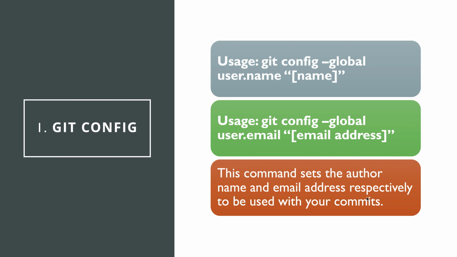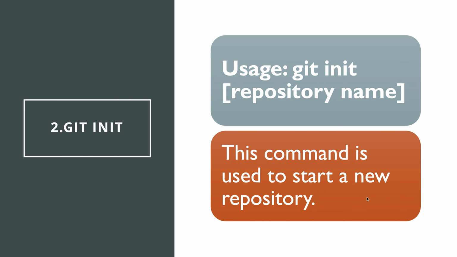So you will need to set up that git configuration first. For that we will use git config with the global user name and git config global user email id. This is how we set a connection with the git repo which is associated with your company.